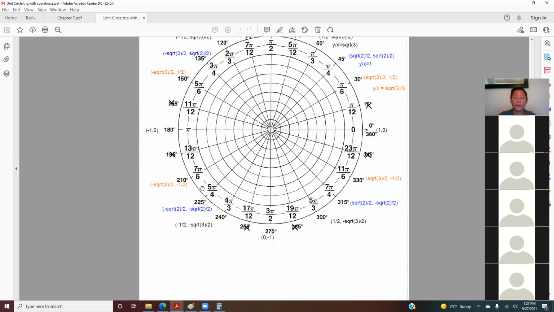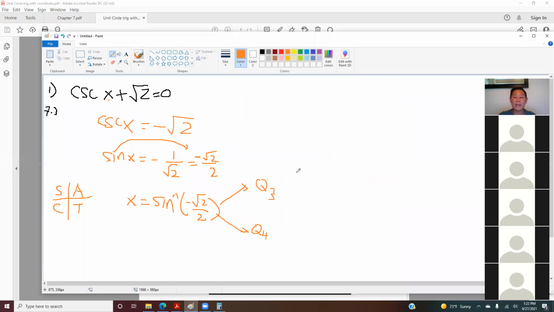5 pi over 4. Can you tell me which of these also gives me, in quadrant 4, negative square root of 2/2 in y value? That will be what? 7 pi over 4. So your answer in this case will be 5 pi over 4, that is in quadrant 3, and 7 pi over 4 in quadrant 4, because this will give negative.